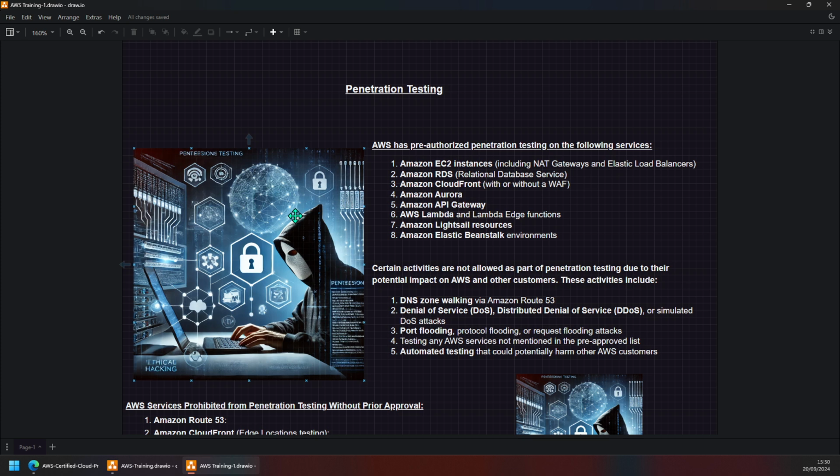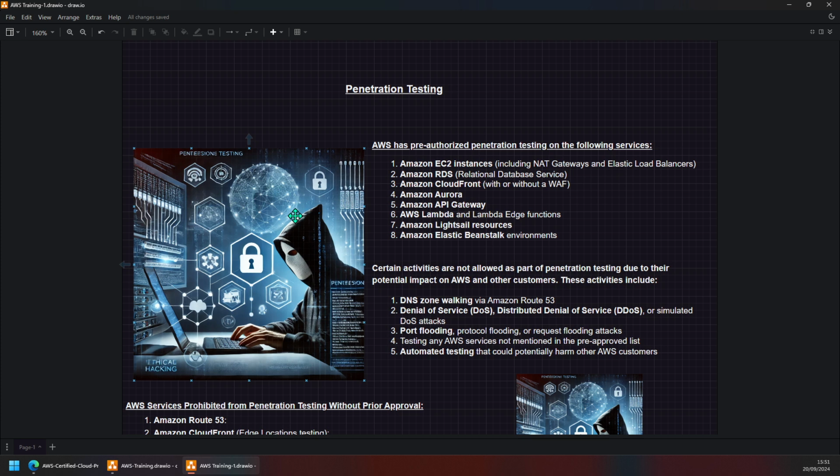Firstly, we will see which services are pre-authorized for penetration testing. EC2 instances, including NAT gateways and Elastic Load Balancer, RDS, which is Relational Database Service, CloudFront, Aurora, API Gateway, Lambda, Lightsail, Elastic Beanstalk.